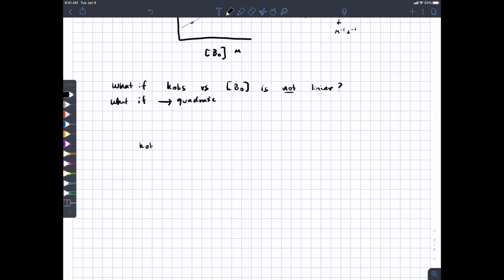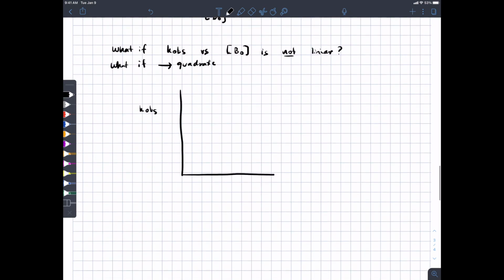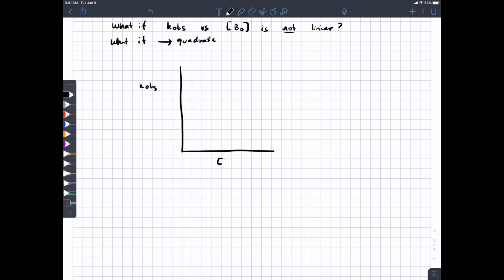So here's k obs, here's concentration of B. And what if we see some kind of dependence like this?